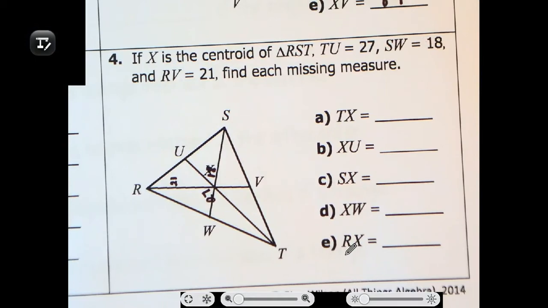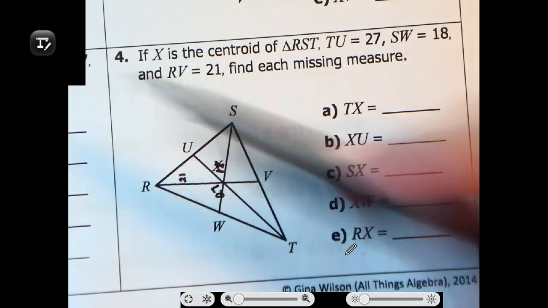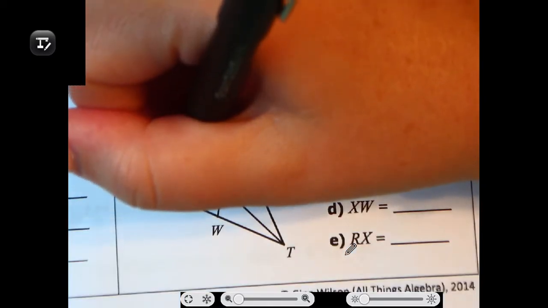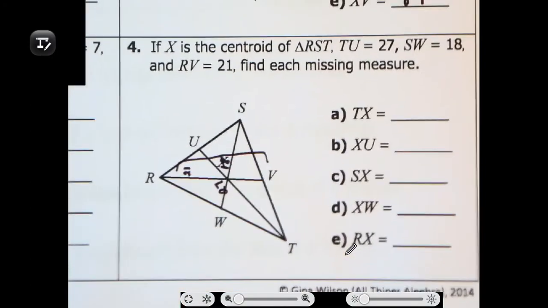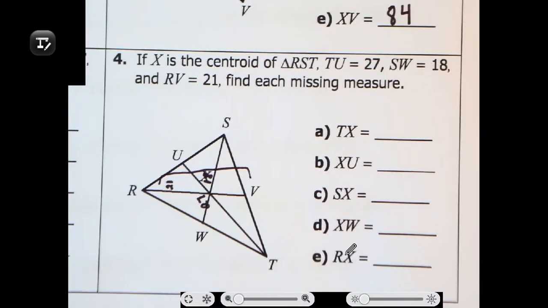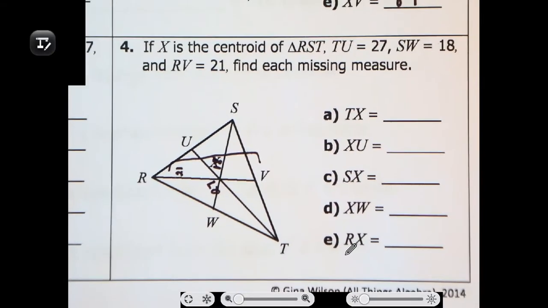Now, that's kind of confusing the way I have it labeled, because that 21 is referring to that entire thing. So that whole thing is 21. Okay, so what do you notice about 27, 18, and 21? They all have a common factor. That common factor is 3.